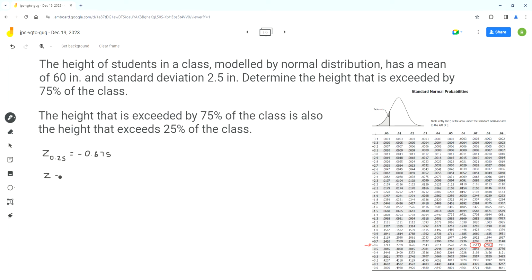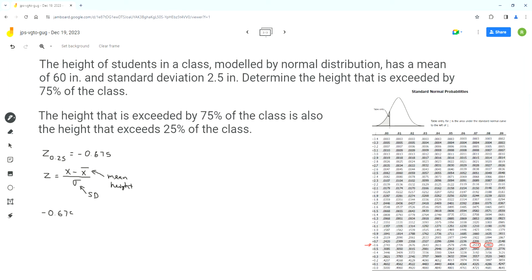The z-score formula is z equals x, which is the height we are interested in, minus the mean of height, divided by the standard deviation. So this is the mean height and the denominator represents the standard deviation. Now we can sub in the values.